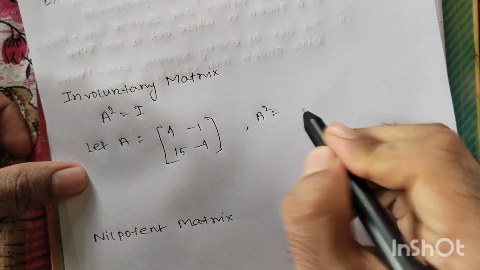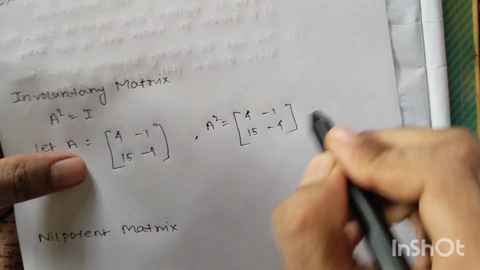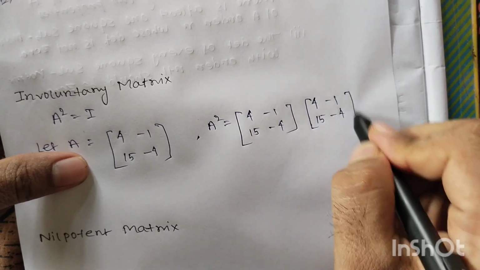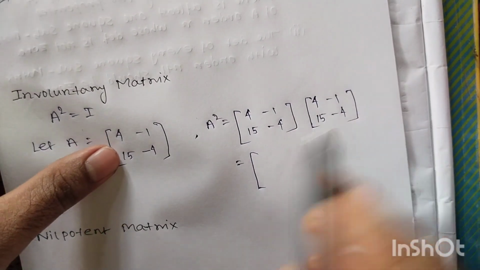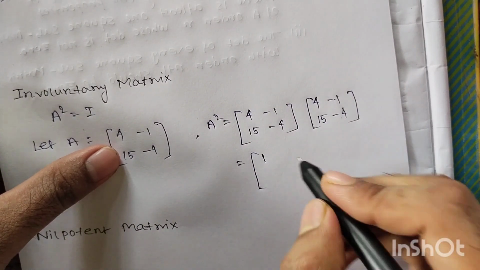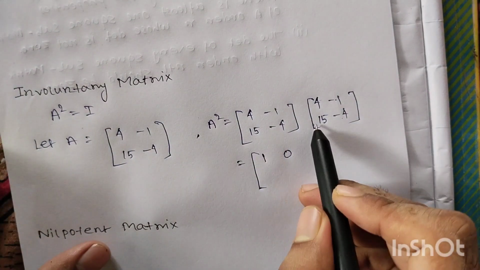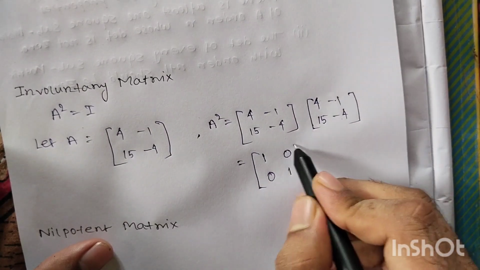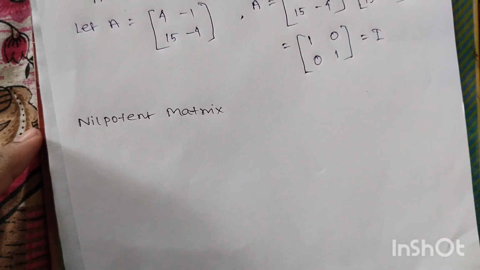A square is 4 minus 1, 15 minus 4, multiplied with the same. 4 fours are 16 minus 15, this should be 1. 4 minus 4, this should be 0. Observe that 15 fours are 60, 60 minus 60, it should be 0. Minus 15 plus 16, this should be 1. This is an example of involutory matrix.